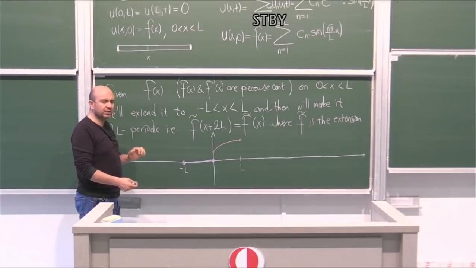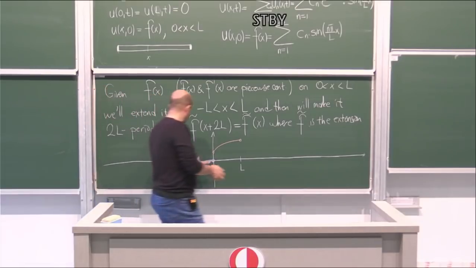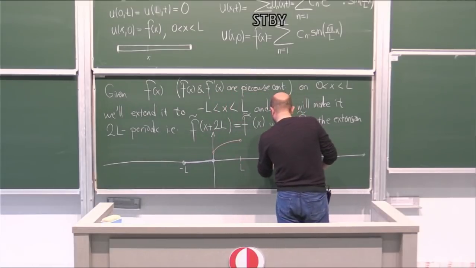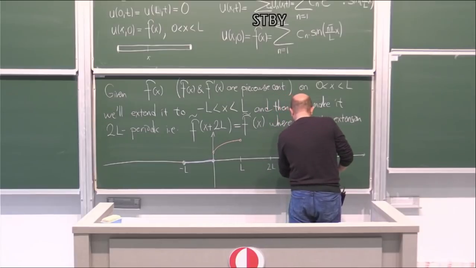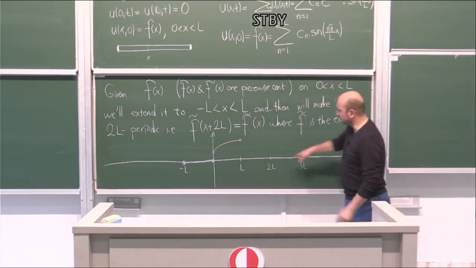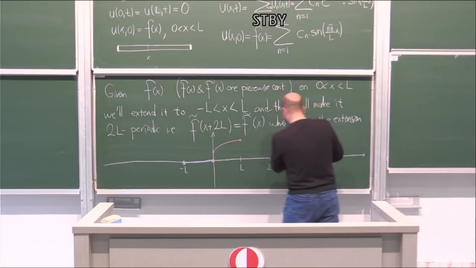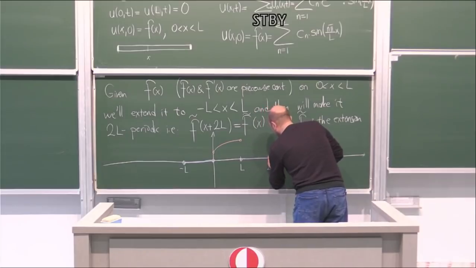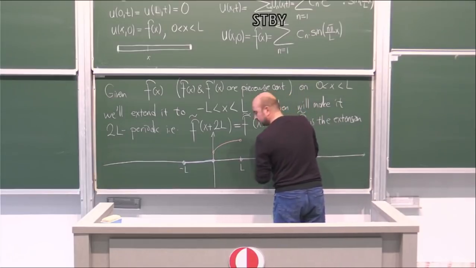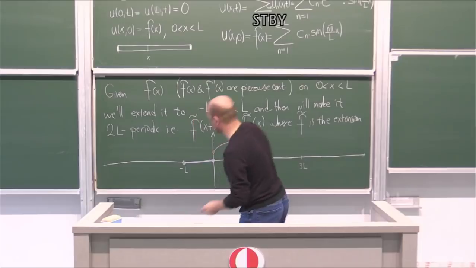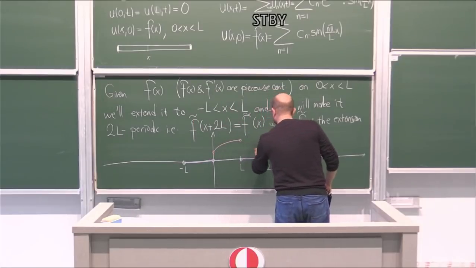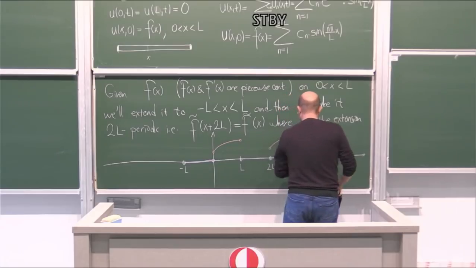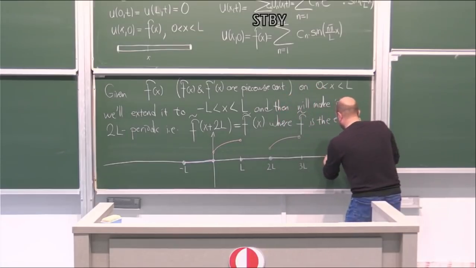After this, I will make it periodic. It's already 2L length, so from here to L, and 3L. Now you see, this is another period, so I will just copy and paste it here, like this, and you can continue.